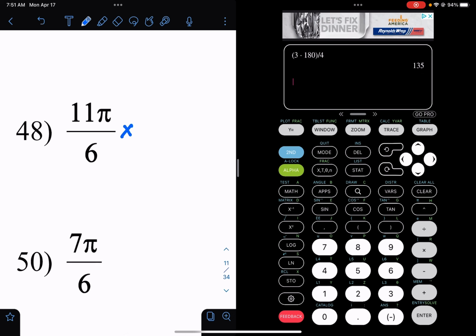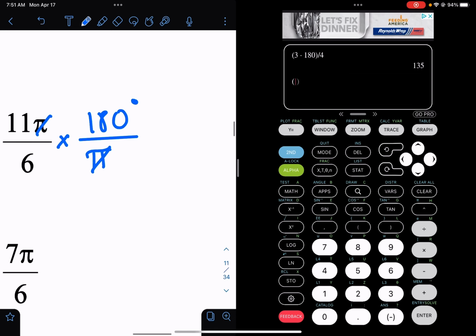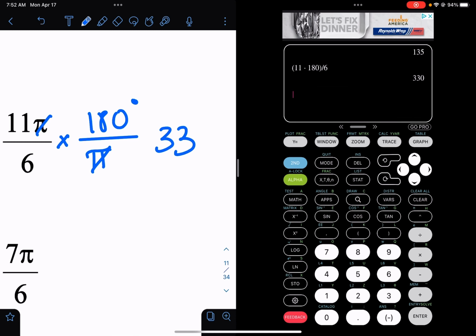See if you can do this one on your own. If we're trying to go from radians to degrees, we're going to put radians on the bottom, degrees on top, and cancel out our pi's. We're going to get 11 times 180 on top, divided by the 6 on the bottom, and we get 330 degrees.